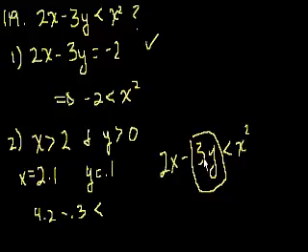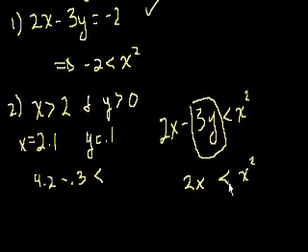So no matter what y we choose, as long as it's greater than 0, 2x minus 3y will be less than 2x, right? So as long as 2x is less than x squared for any x we pick, then 2x minus 3y is definitely going to be less than x squared.